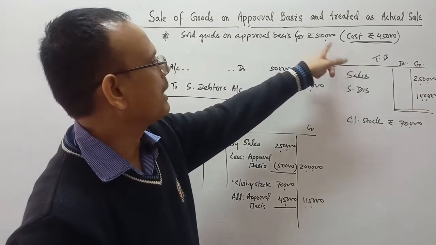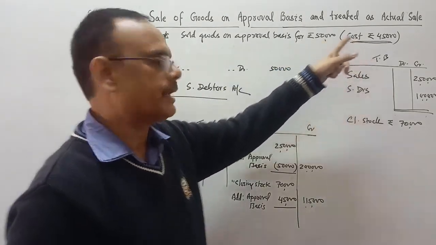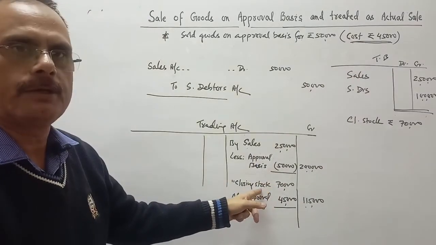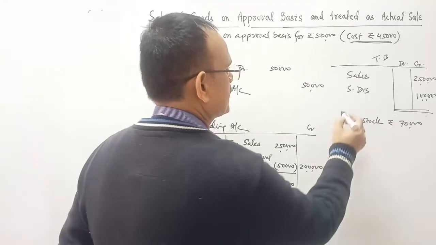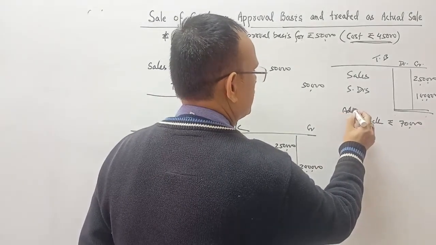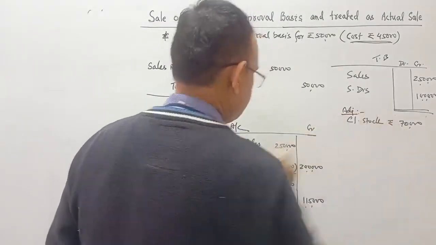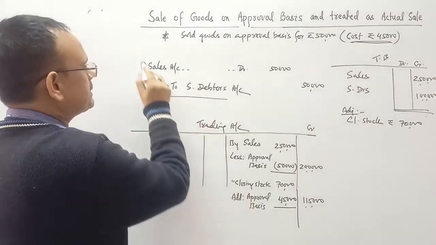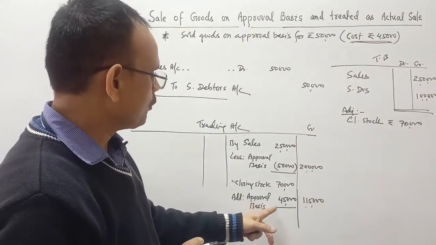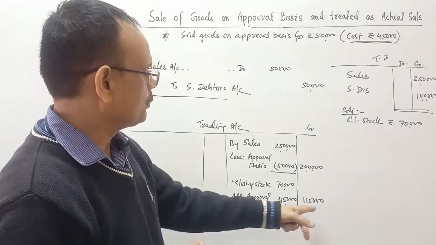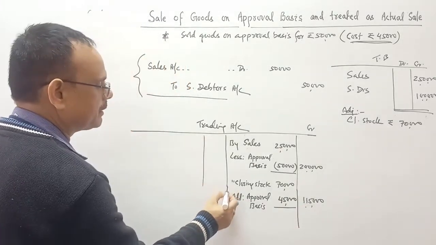So 70,000 is the closing stock given in the adjustment, and plus this entry we have passed, our closing stock will increase by 45,000, so 1,15,000.